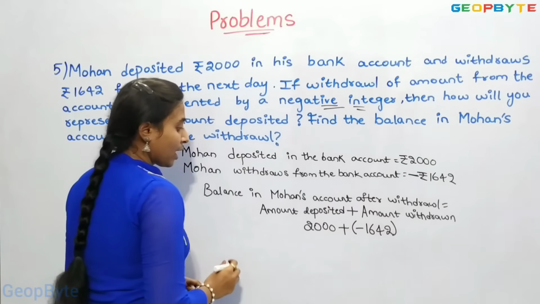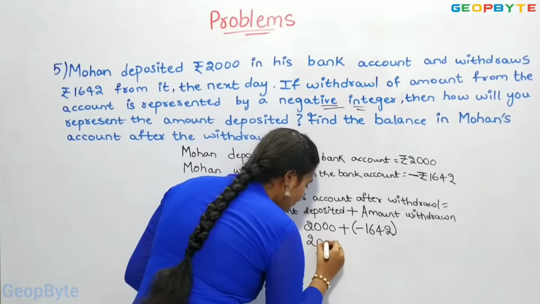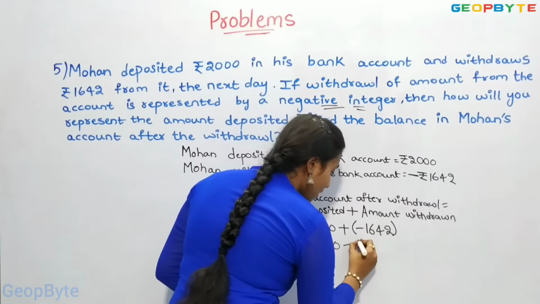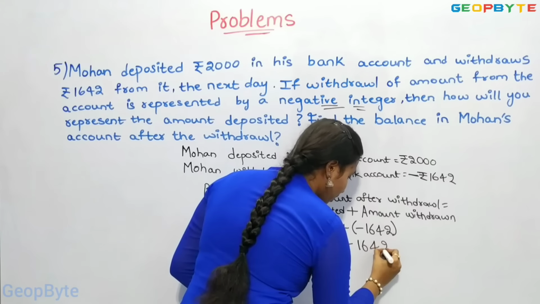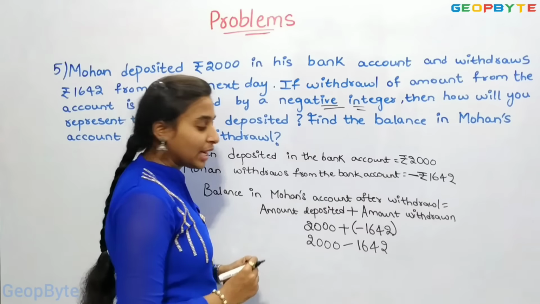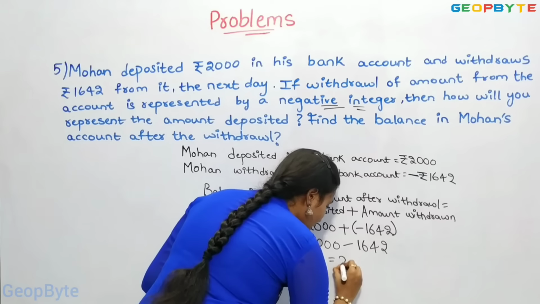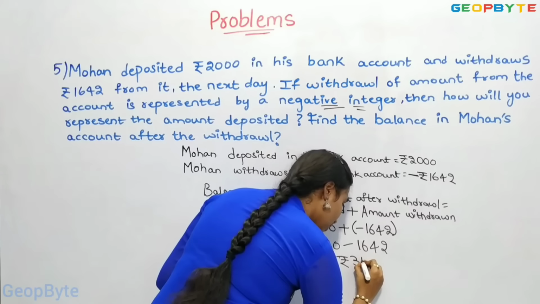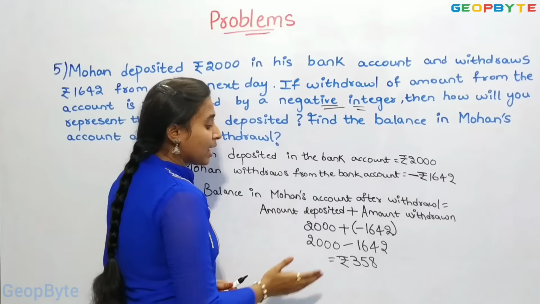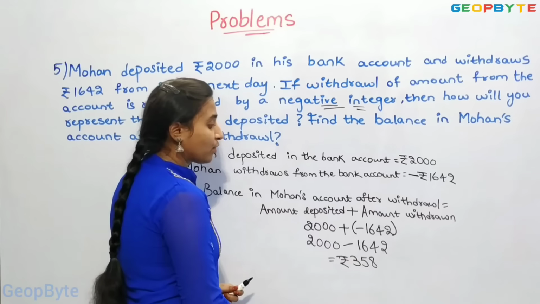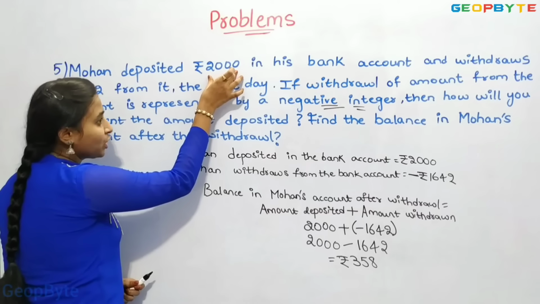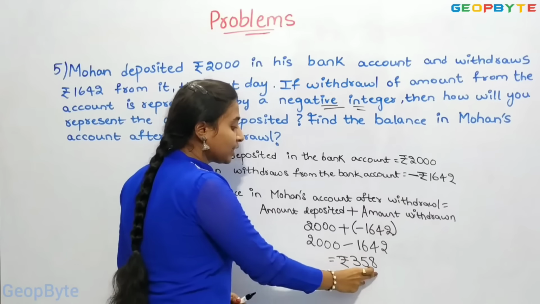Now 2000 plus into minus, minus 1642. 2000 minus 1642 is 358, that is rupees 358. Yes, the balance left in Mohan's account after the withdrawal of 1642 rupees from the 2000 rupees is rupees 358.